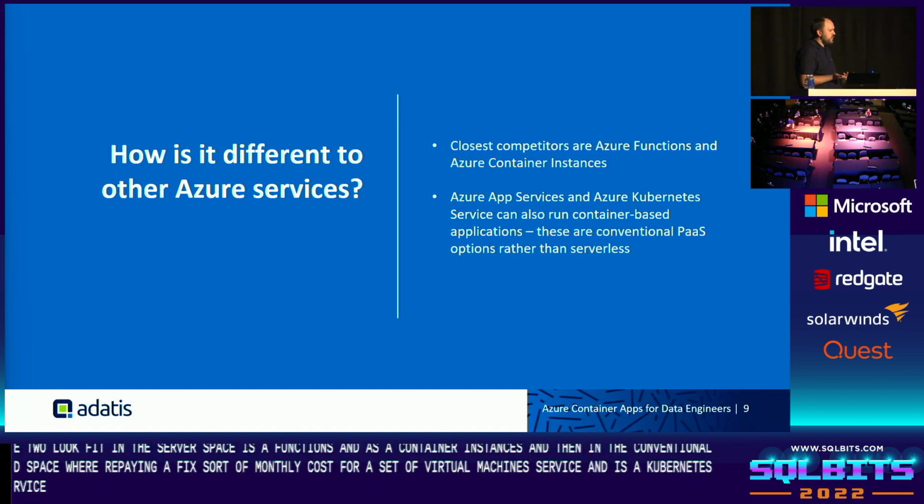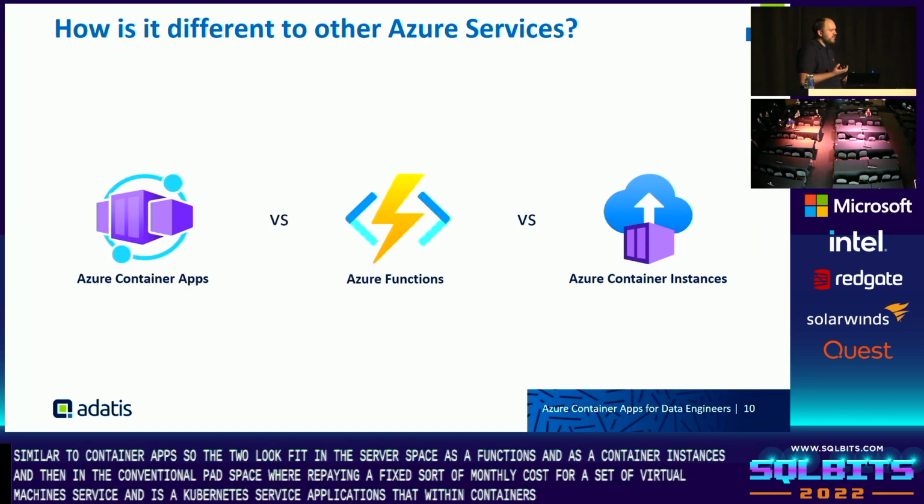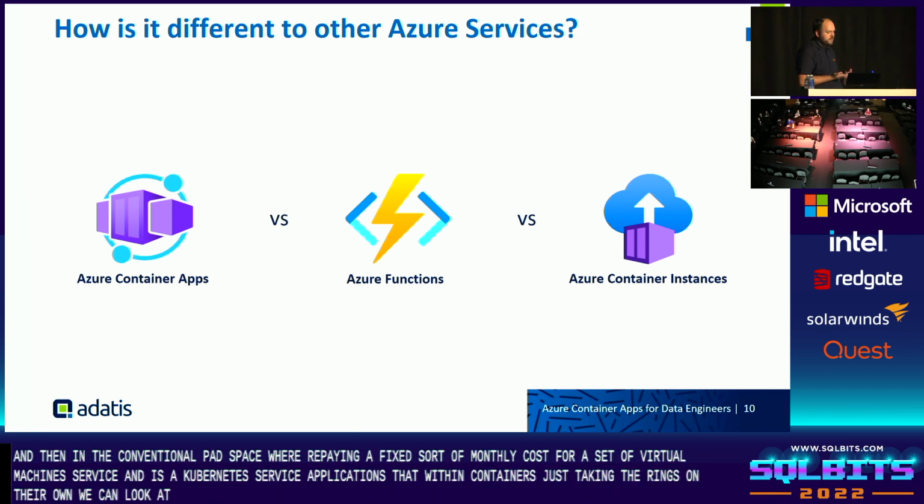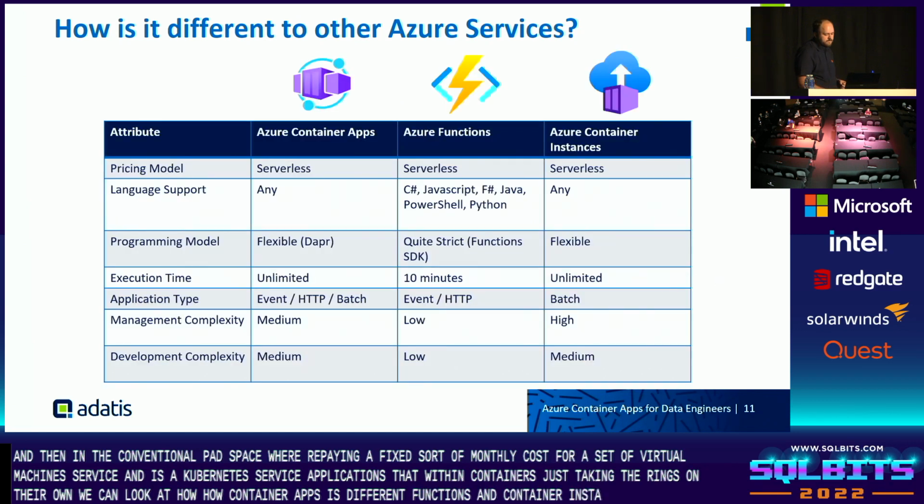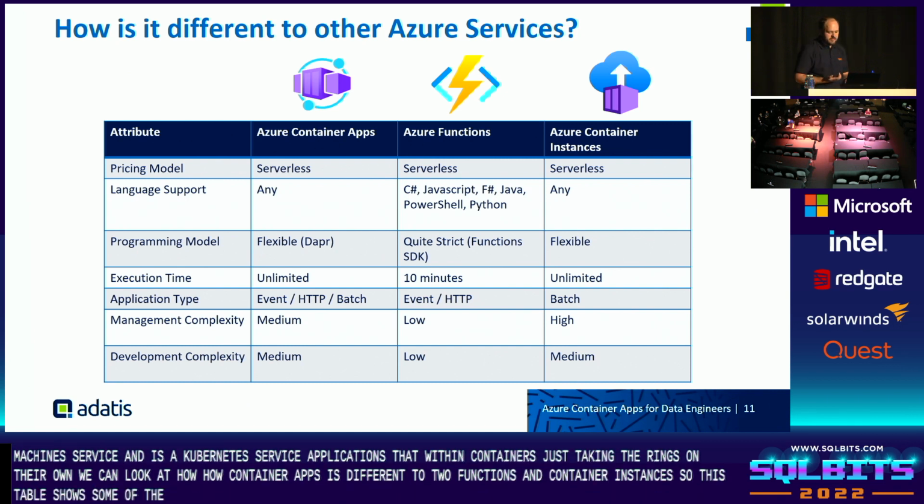And they can also be used to host applications that sit within containers. So just taking the serverless offerings on their own, we can look at how container apps is different to functions and container instances. This table shows some of the key similarities and differences.